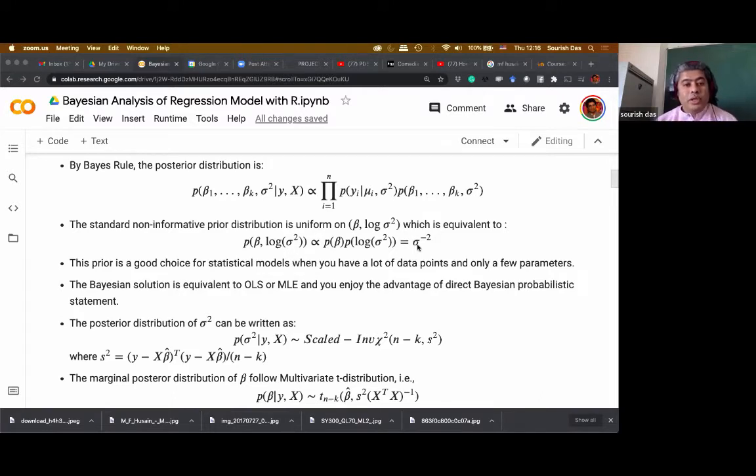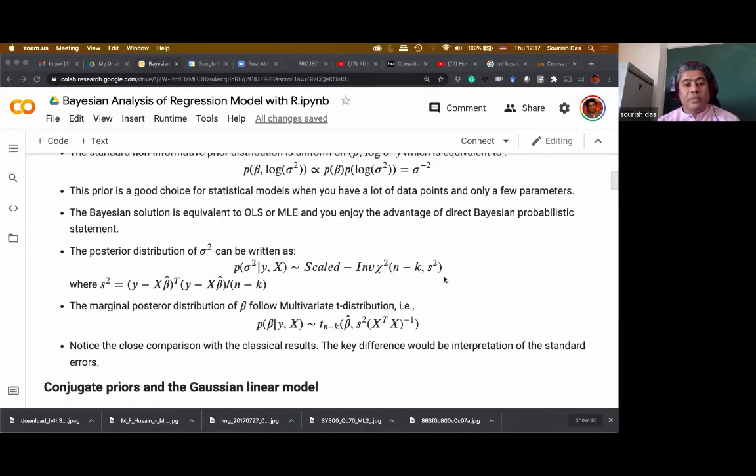Because the Bayesian solution from this non-informative flat prior will be equivalent to the OLS estimation or the maximum likelihood estimation, and it enjoys the advantage of direct Bayesian probabilistic statements. So there will be no confusion. Your analysis will match the standard classical statistical analysis, and you are going to make a direct Bayesian probabilistic statement. That is one of the major advantages that you are going to enjoy here.